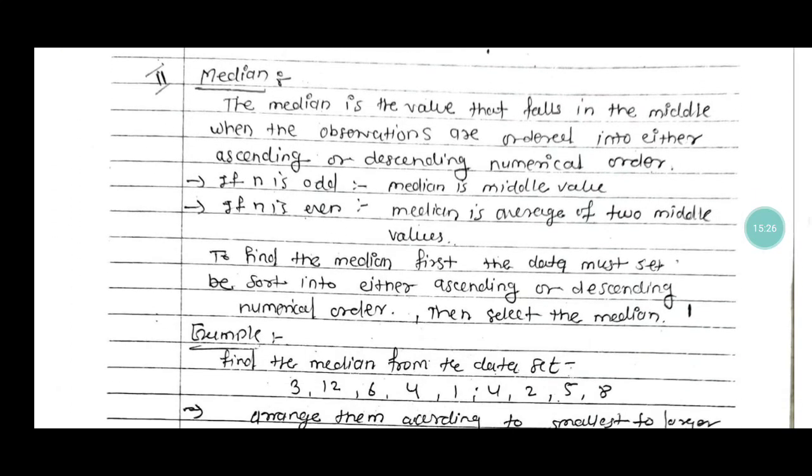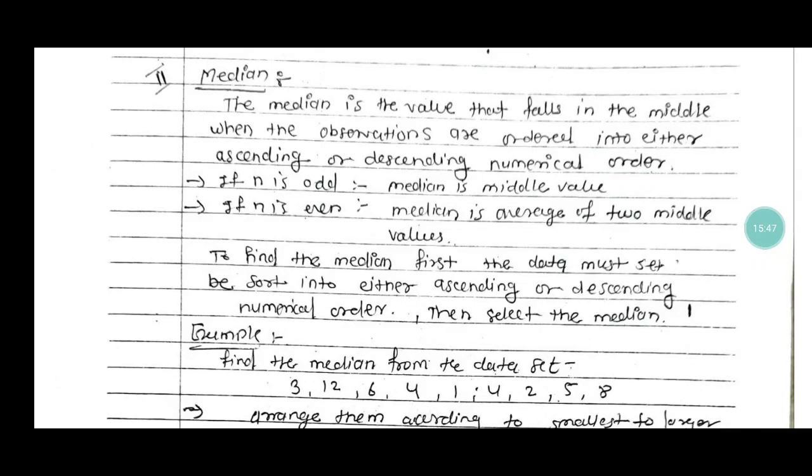So we'll move on to number two, the median. The median is the value that falls in the middle when the observations are arranged in either ascending or descending numerical order. If n is odd, the median is the middle number. If n is even, the median is the average of the two middle numbers.